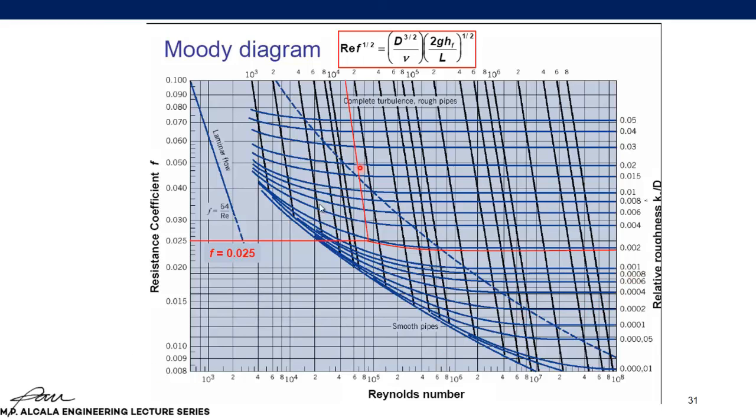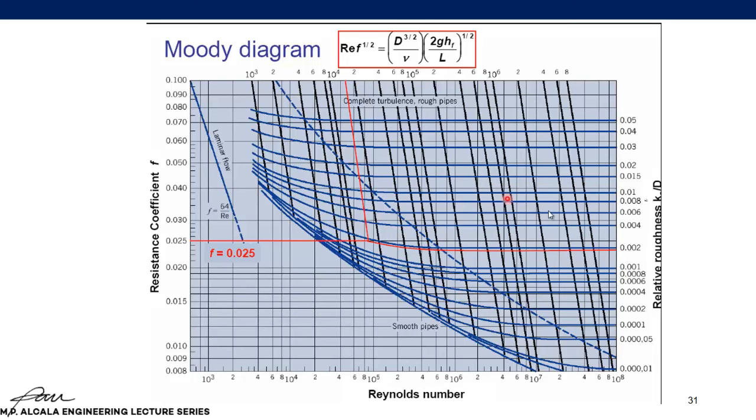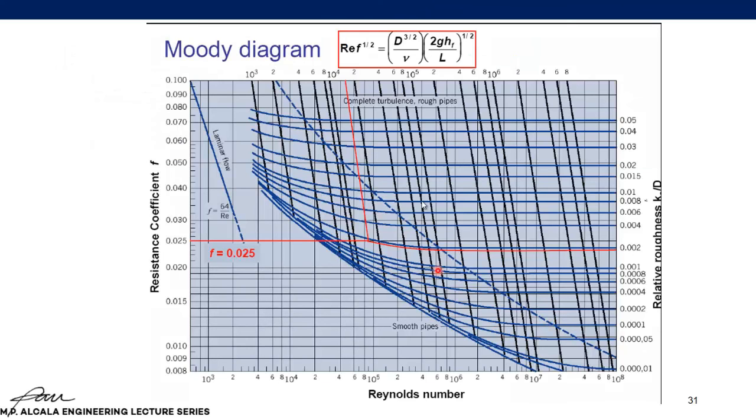From the relative roughness of approximately 0.02 and the Reynolds number of 16,950, so in between here, right? That is 1.6 times 10 to the 4. Here will give you a friction factor, so intersecting in this line, the intersection is friction factor 0.025.